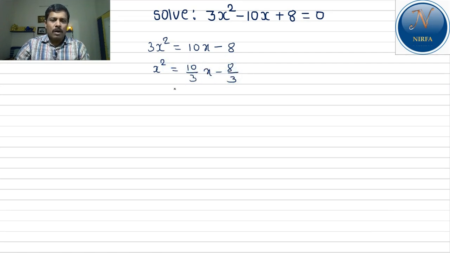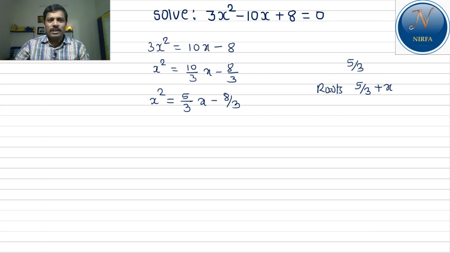Done. Now again you are writing the equation, but only here you have to halve the coefficient of x. Dividing by 2, you will get 5 by 3 x minus 8 by 3. Now this coefficient of x, you will write here, and now you directly write the roots. What is required is 5 by 3 plus x. Now the only thing remaining is, what should be the value of x?